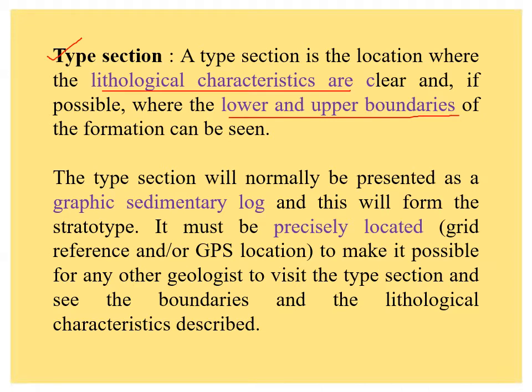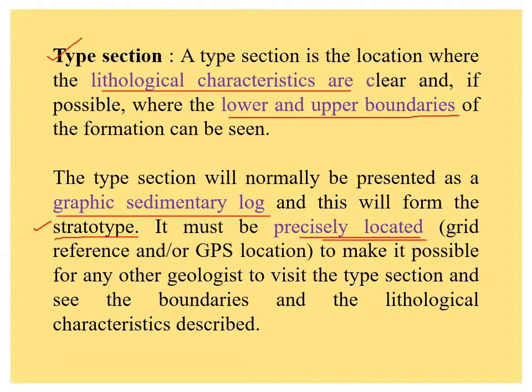Now the type section is normally represented by some graphic sedimentary rock log, and this will form the stratotype. That graphic sedimentary log, which is the graphical representation of the original rock layerings, is known as the stratotype. And along with the stratotype, one has to precisely mention its geological and geographic location.